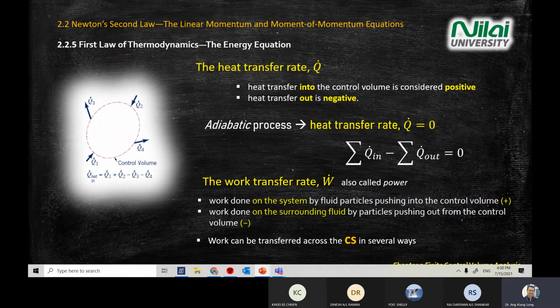There are also positives and negatives for the power, or the work rate transfer, the rate of your work or your power.